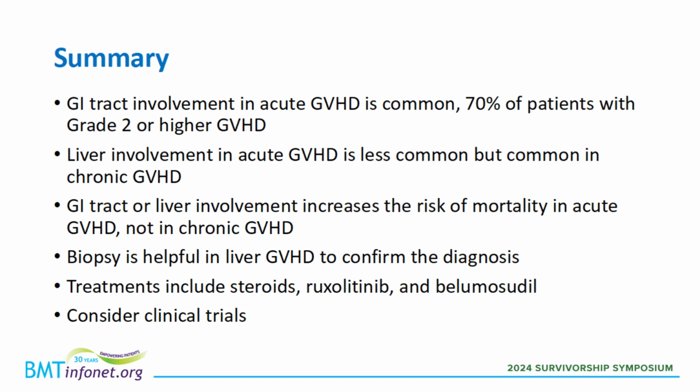The treatments that we've reviewed include steroids, which the responsiveness can be lower the more advanced your disease is, as for any other treatment, as well as ruxolitinib and belumosudil. But I do still highly recommend that you consider clinical trials for treatment at any juncture for your GVHD management.